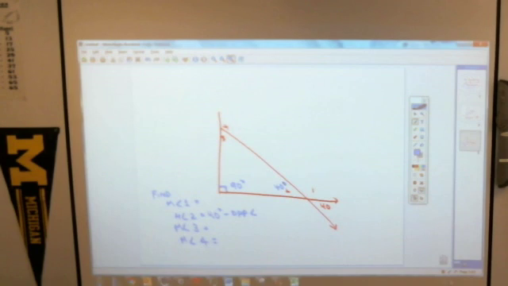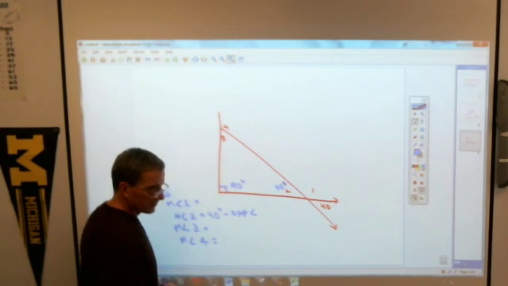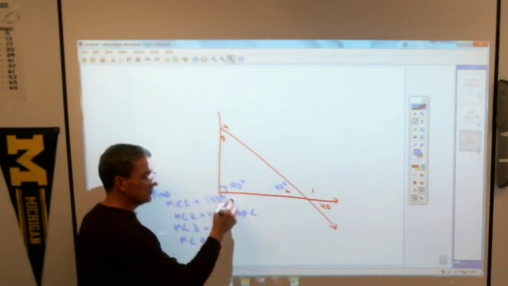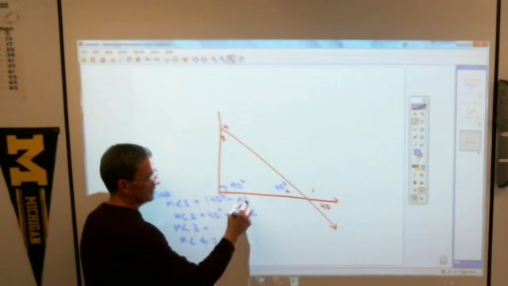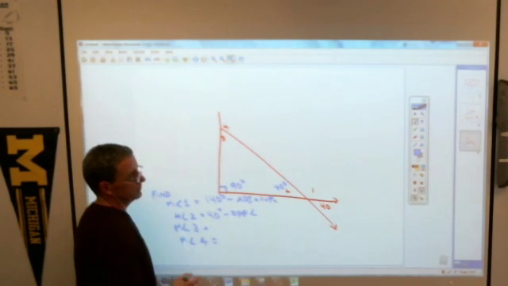John says angle 1 is 140 degrees. One more time on that one? Angle 1 is 140 degrees because it is adjacent angles, and it's supplementary. Now we're getting somewhere.